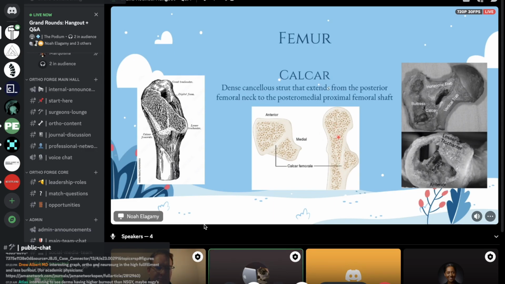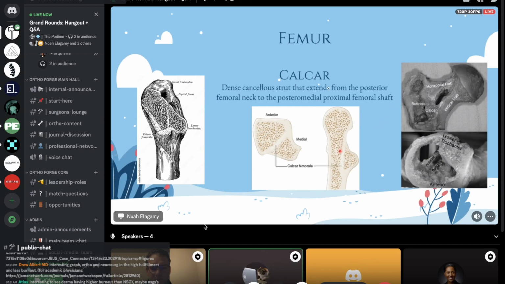So its presence or absence plays an important role in appropriate implant selection for hip fracture treatment. We'll talk about that a little today when we talk about intertroch fractures, but that's another presentation on its own that hopefully we can discuss at some point.